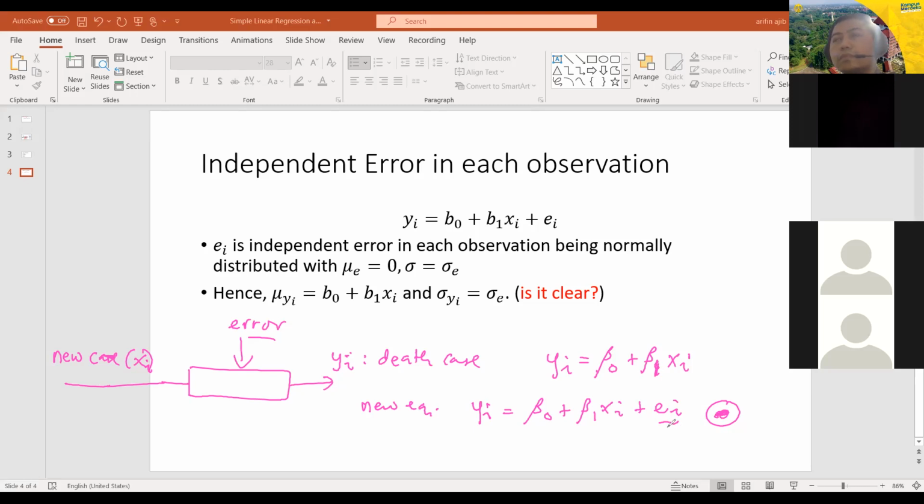Yes. This is kind of independent error, yeah. It means that this error happens when we take the data independently and then the errors come out, something like that. Okay, sir.